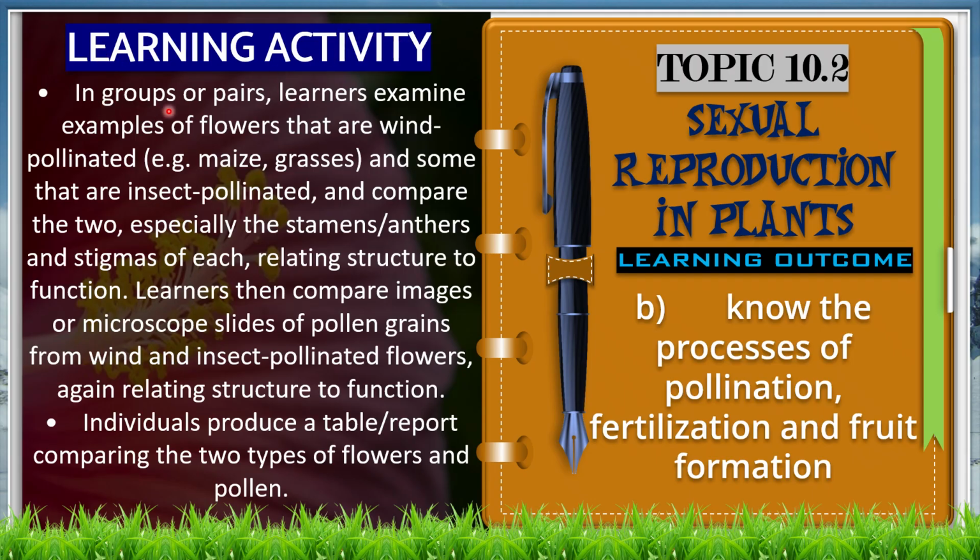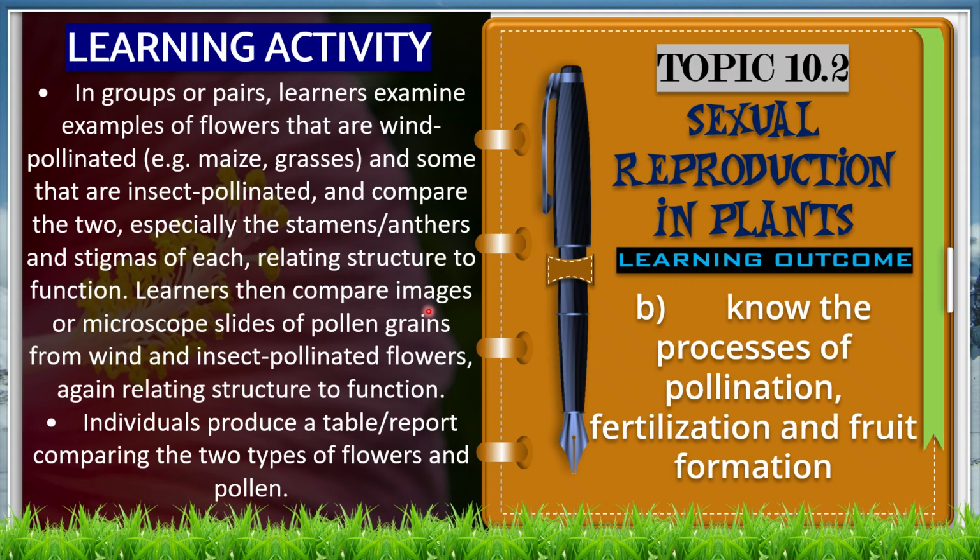In groups or pairs, learners examine examples of flowers that are wind pollinated, like maize, grasses, and some that are insect pollinated, and compare the two, especially the stamens or the anthers and the stigmas of each, relating structure to function.